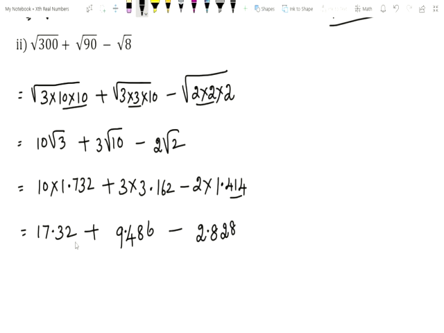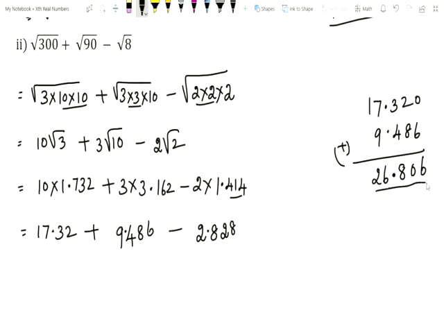Okay, so first we need to add these two numbers. How to add this? 17.32, 9.486. So here you put 0. Okay. So now you add it. 6, 10, remaining 1, 4 plus 3, 7, 7 plus 1, 8, 0.6, remaining 1, 2.